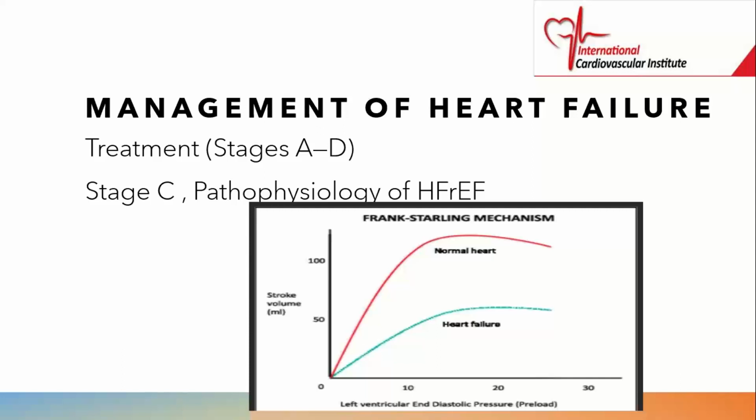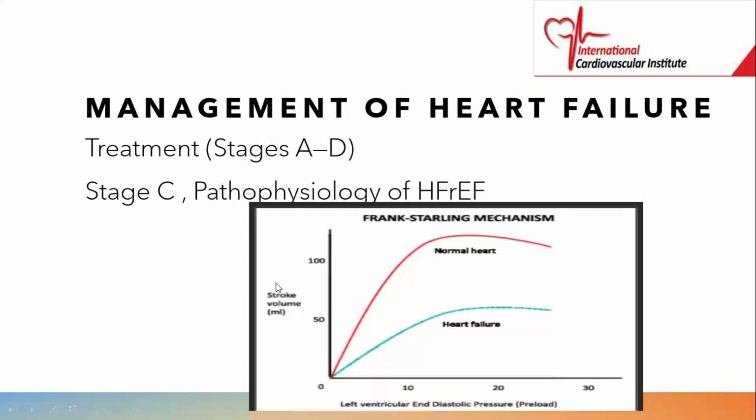So the amount of filling in the left ventricle is going to determine how much blood is pumped out of the heart. And we're talking about a normal heart now.